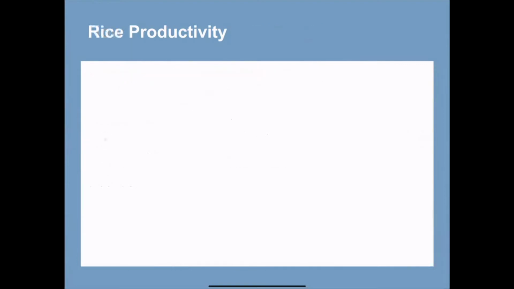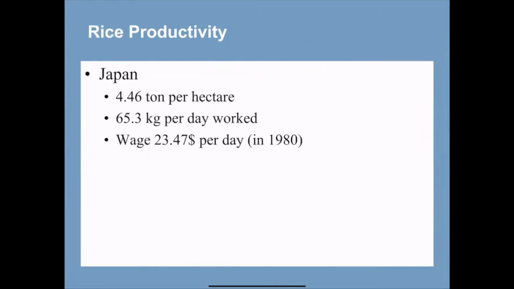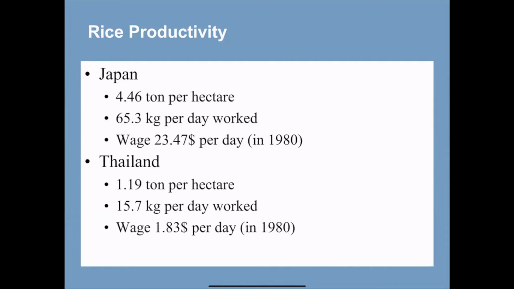When we want to see an example, I think this one I gave last time, right? About rice productivity. I think rice productivity is quite a good example to see why two countries that produce the same primary product, like rice, are so different.